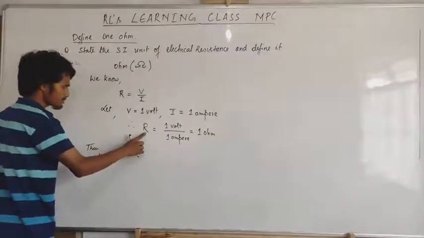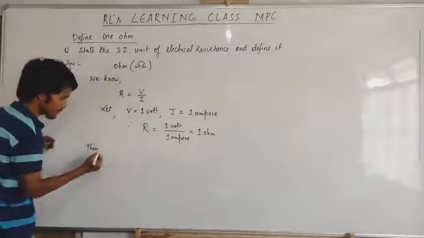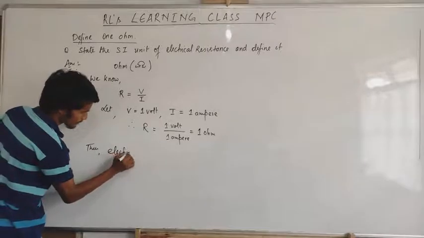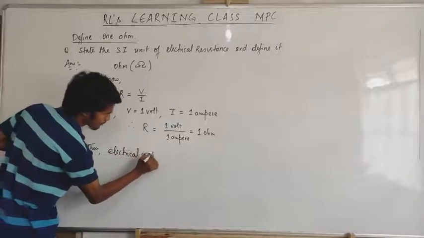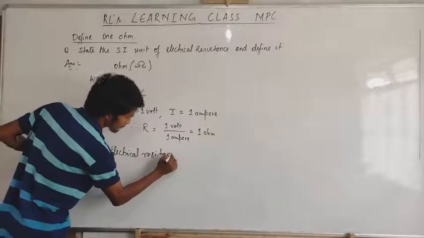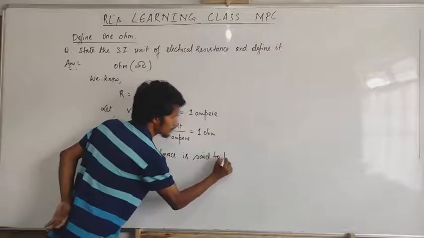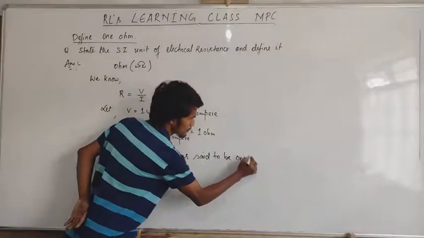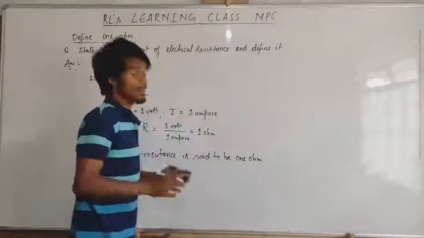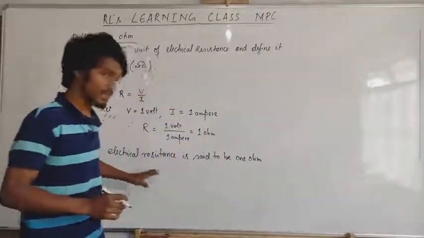Electrical resistance is said to be 1 ohm. If they ask in an exam to define it also, this will be the answer.